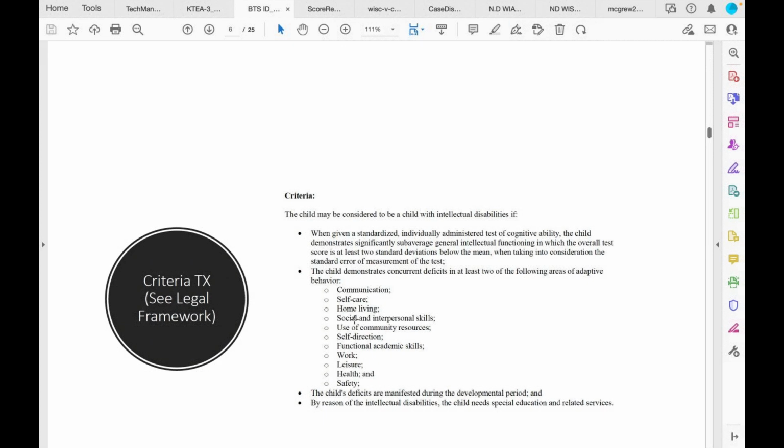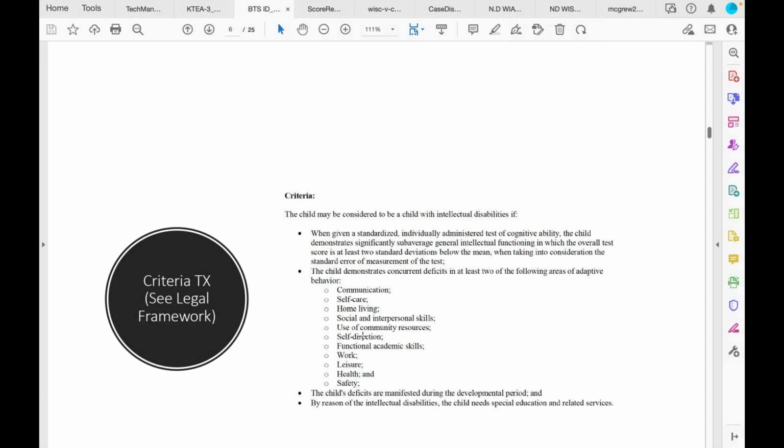And then, of course, all the adaptive behaviors, the list of adaptive behaviors. Now, one of the things that is becoming, I'm going to say, somewhat of a trend. I've observed it at several schools, and other people, when I do a lot of trainings, report the same thing.